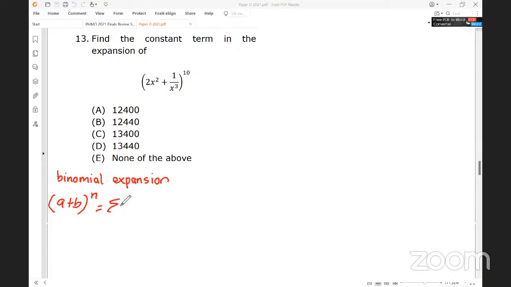So it's sigma. Sigma is the sum from, I use r there, r equals 0 until n, of nCr, a in the power of n minus r, times b in the power of r.